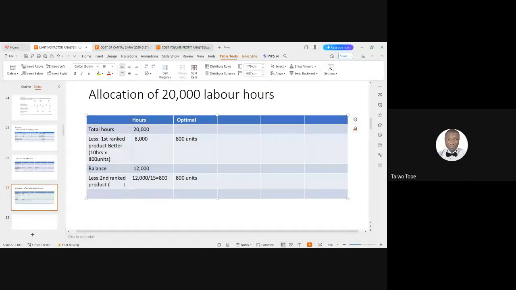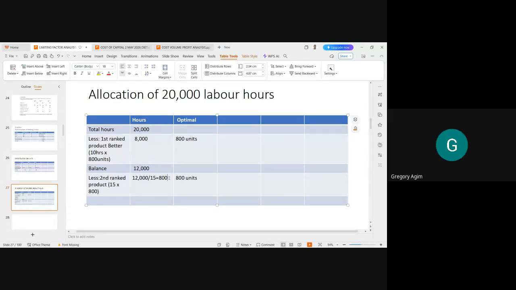But note this. The workings: the second rank product, which is good, will be 15 multiplied by 800 units. That will give you 12,000 hours. So take note of this step.